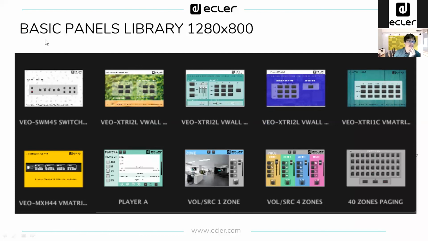Also in this folder, you will find the basic panels library. This is the resolution, so it's made for WPNet Touch or PageNet. And you have VO panels and also audio panels.